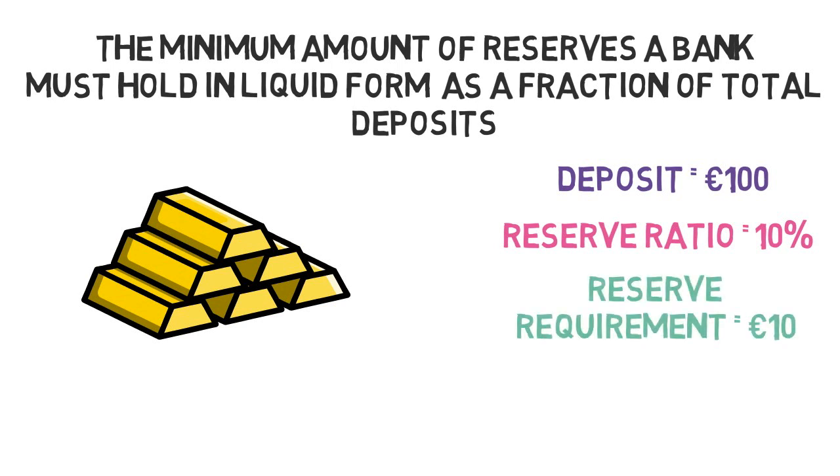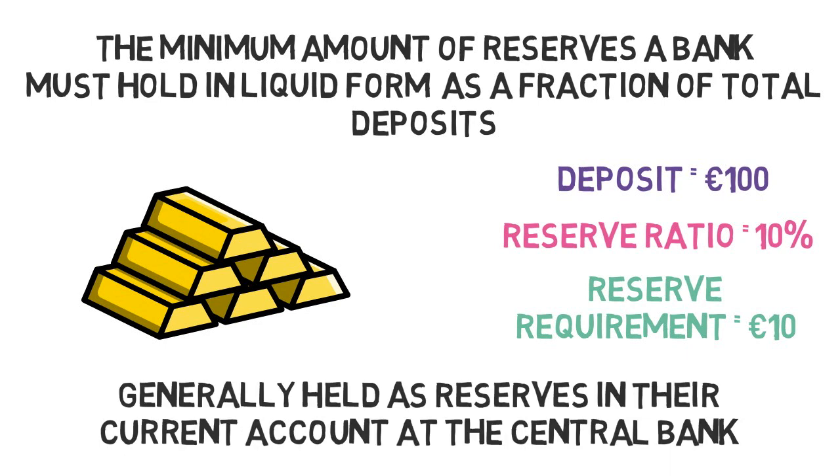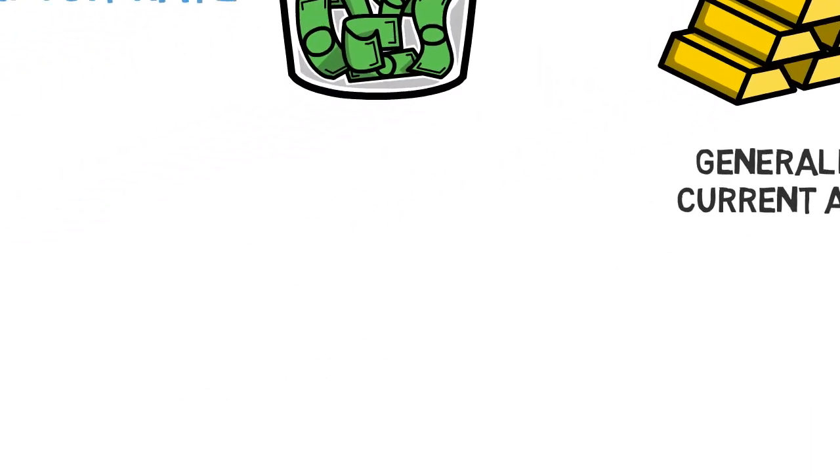What this would mean is the retail bank would keep €10 on reserve as required in case an individual came back in to take out the money. So this is the minimum amount they'd have to keep in. It's generally held as reserves in their current account at the central bank. So that's the second tool.